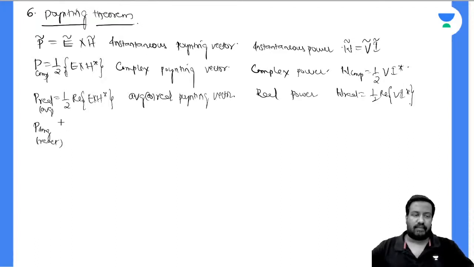Imaginary Poynting vector or reactive Poynting vector is 1 by 2 imaginary part of E cross H conjugate.